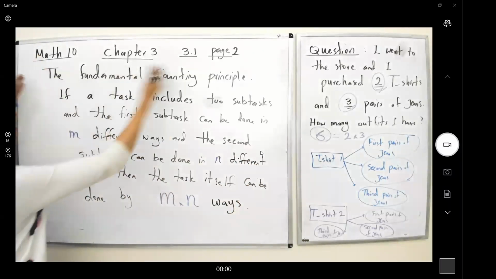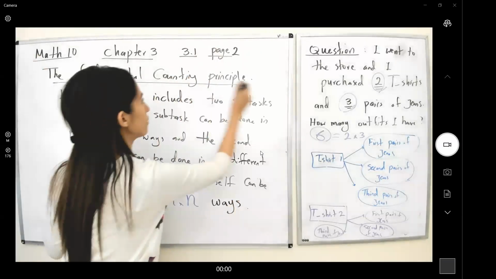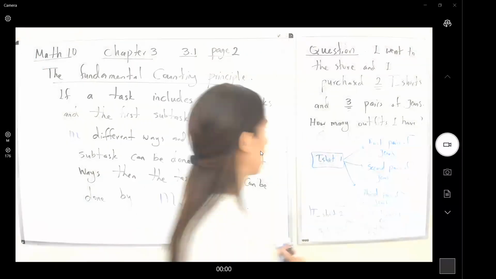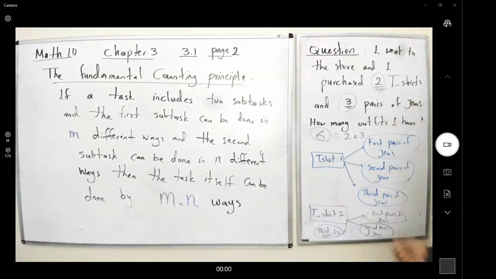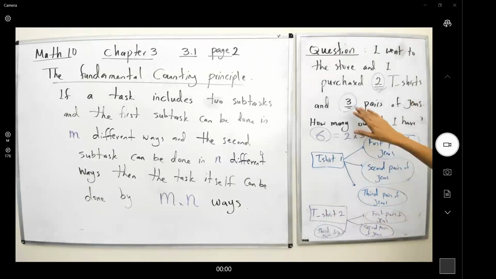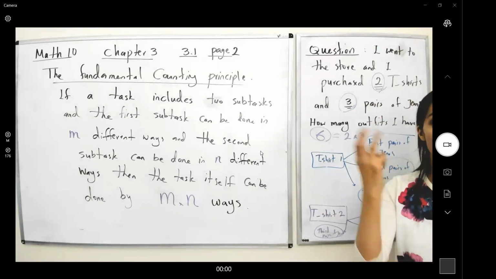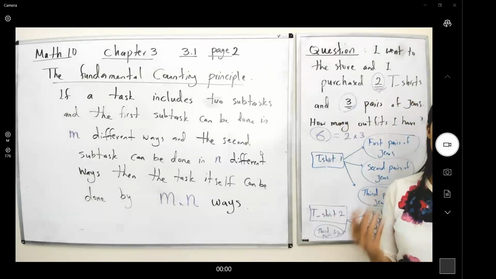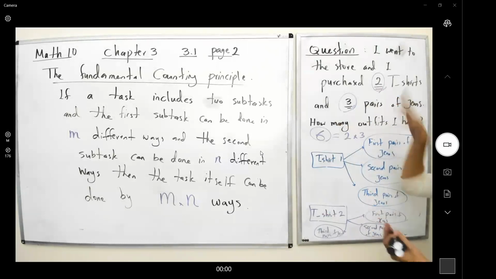This is called the fundamental counting principle. Like, I have 2 t-shirts, so I have 2 options for wearing the t-shirts, I have 3 pairs of jeans, so I have 3 options to wear my jeans. In total, I have 2 times 3, which is 6 different ways to wear them all.